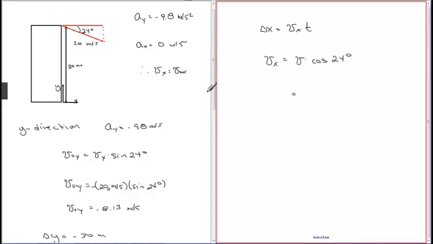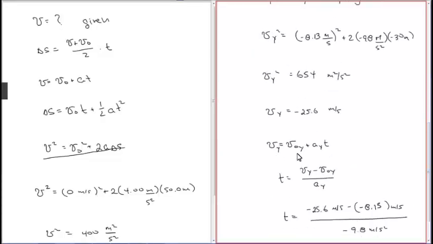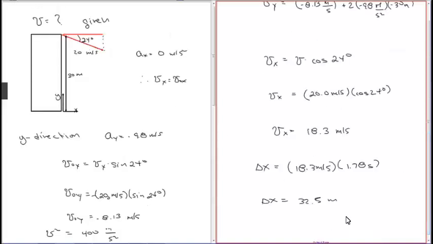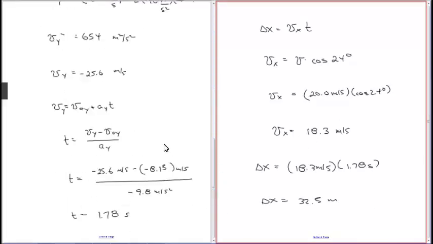So knowing the y component of velocity, we can then use another one of the four equations. This one, solve for t, plug in the final velocity, the initial velocity, and the acceleration due to gravity. We find out it's 1.78 seconds. So with that time, we can then go over to the other equation. This is our linkage of time, and we can use just constant velocity results. There's only one equation that says delta x is equal to the x component of velocity times time.